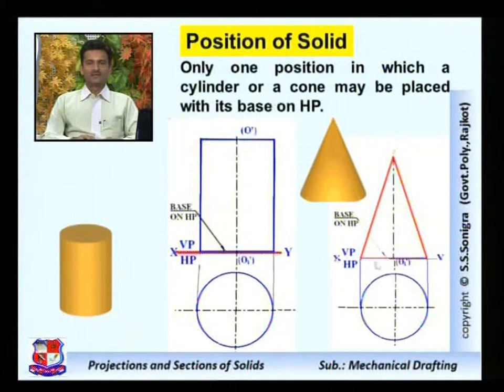For the top view, this XY line represents the vertical plane, and for the front view, this XY line represents the horizontal plane. If it is given that the cone's circular base is on the vertical plane, then we just reverse these two views. The circle will be above the XY line and the triangle will be below the XY line. So only two positions are there with this type of solid.